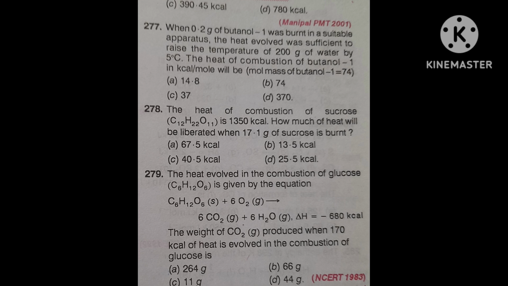Now, another concept you have to think about. Heat evolved from 1 mole of butanol, that is 74 gram, is given in the question. 1 mole of butanol means 74 gram; the molecular mass of butanol is already given, so you do not have to calculate it. Now you can easily calculate: 0.2 gram is giving 1 kilocalorie.